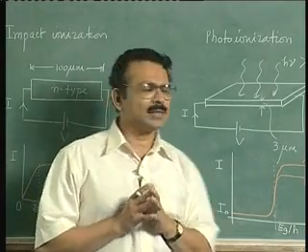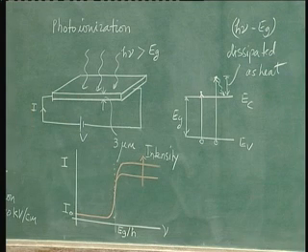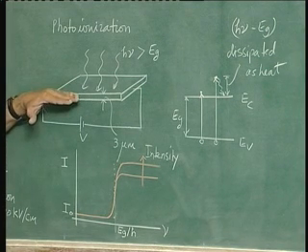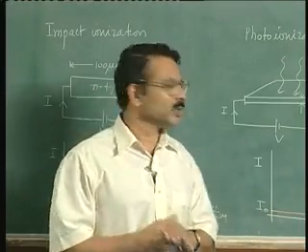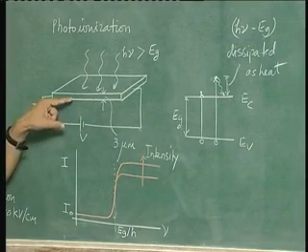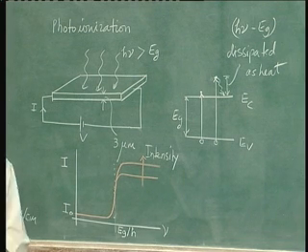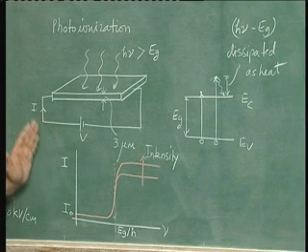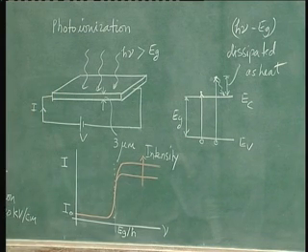Another point to note is that the light is absorbed within a micron or so of the surface which is being illuminated, okay. So within a couple of microns the intensity of light is going to fall to 0. So that is why only a thin layer near the surface is going to absorb the light and create the excess electron hole pairs. This point should be borne in mind, okay. So this is the method of creating excess electron hole pairs by photogeneration or photo-ionization.